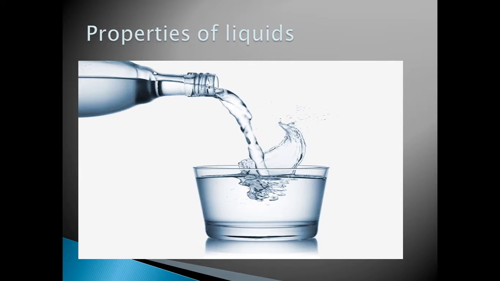Yes, excellent. If you pour liquid from a bottle to a cup, its shape will change, but the amount of liquid stays the same. So, liquid doesn't have its own shape, but it takes the shape of its container, and the volume is still stable.